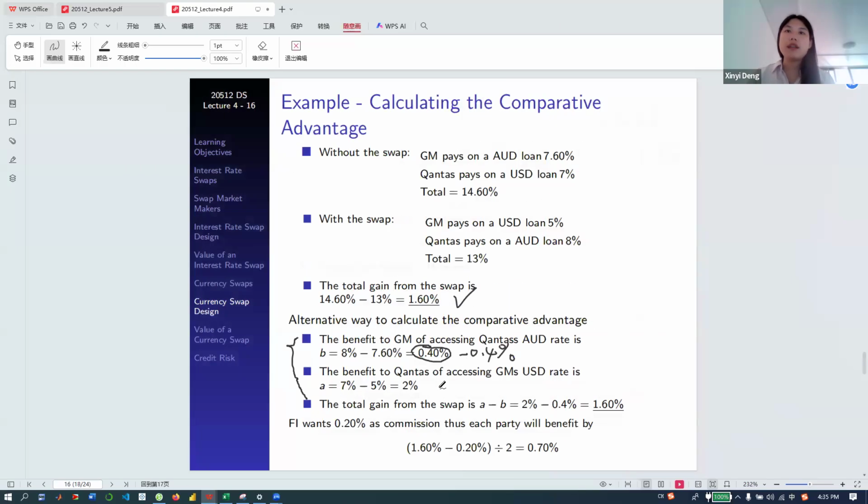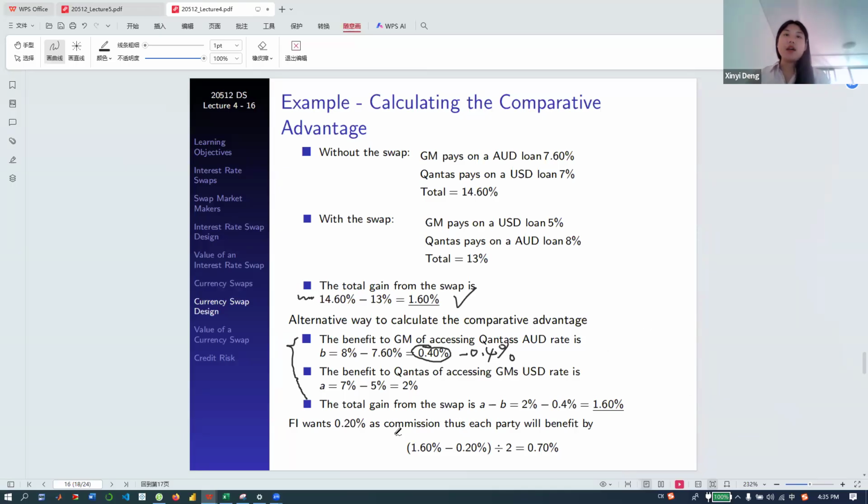So it's incurring a gain of 2%. So that's how you get this 1.6% here. So I recommend you use this total borrowing cost way of calculation to determine the total gain.